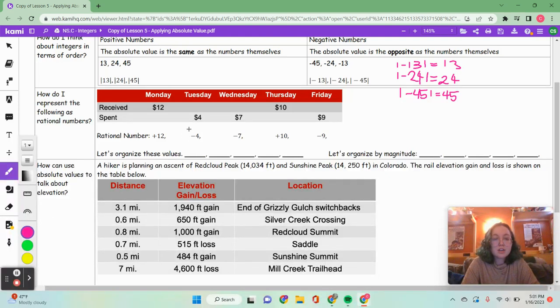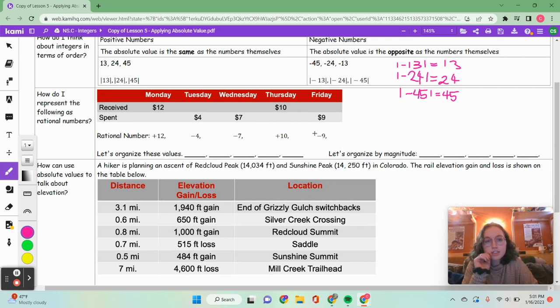So we can represent that with a negative 4, because I'm losing $4, right? That's negative. Then on Wednesday, I spend $7. That's a loss of $7, so negative $7. On Thursday, I received 10, doing something else, shoveled another driveway, just a smaller one. So I gained $10. And then lastly on Friday, I lose $9, so that's a negative 9.